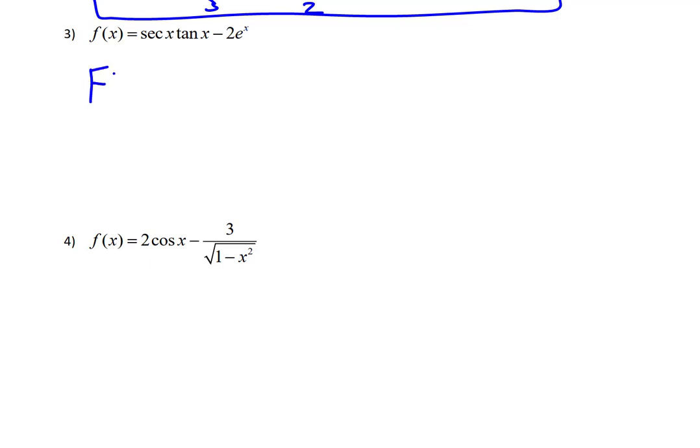So we're going to say capital F of x equals, and now the first term was this secant of x tangent of x. You'll recall that that is a derivative, and in fact that's the derivative of secant of x, which means if we're going backwards we want the antiderivative of secant tangent, which is just secant.